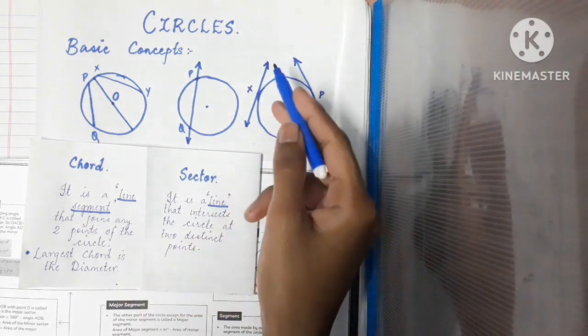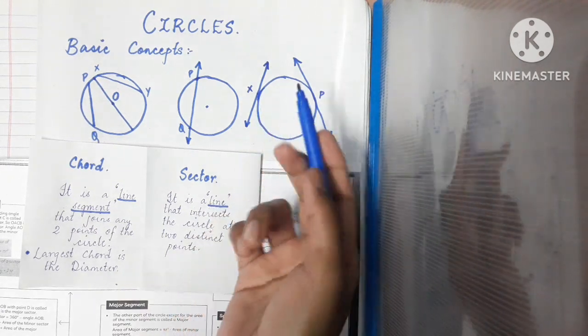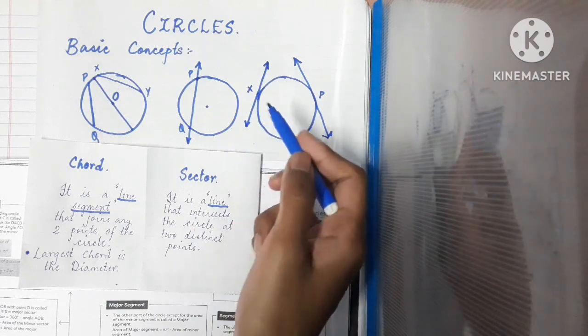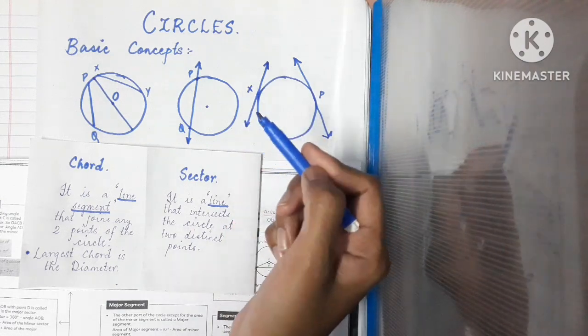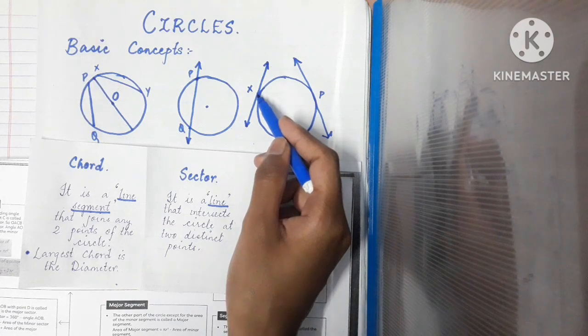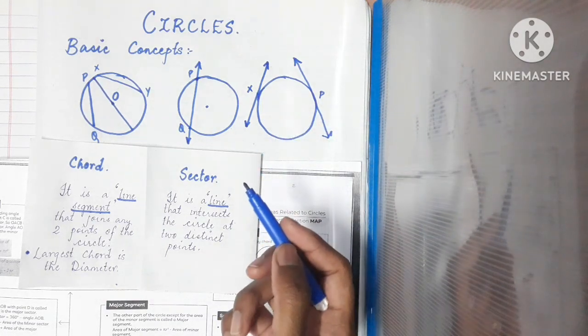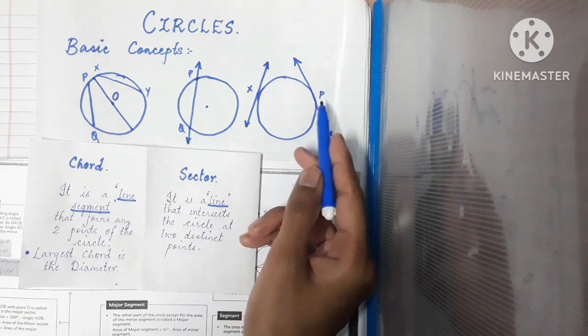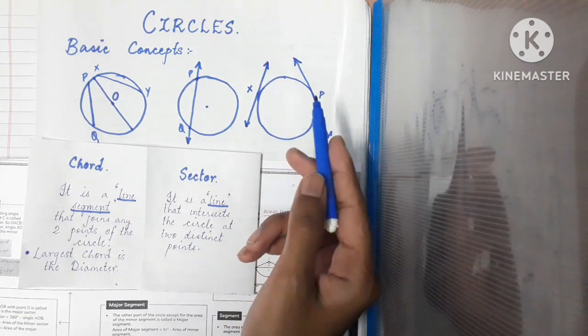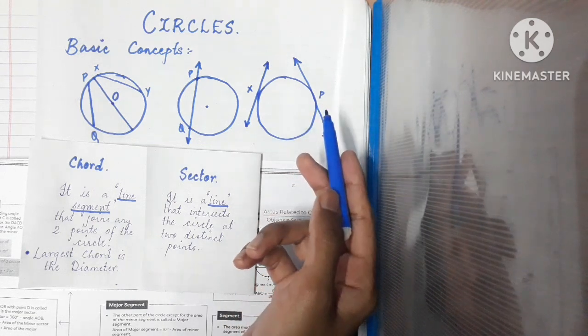So these are the tangents. And this point at which the tangent touches the circle is called the point of contact.